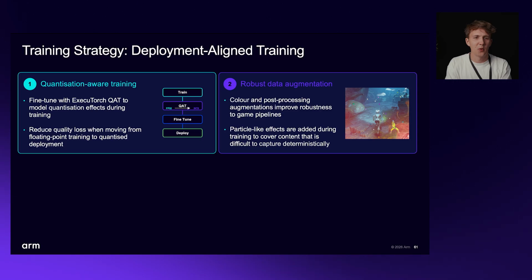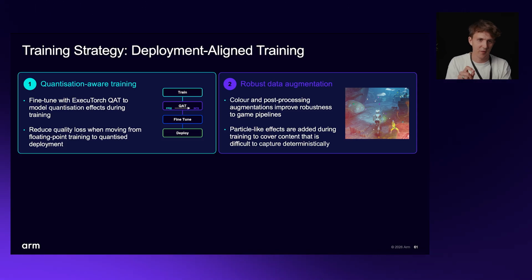We also employ a robust data augmentation system. We vary color, like tone mapping and post-processing techniques, so the model is not tied to one game pipeline. We also add particle-like effects during training. The reason for this is that we found it was more complex to capture lots and lots of particles, and it was something that the model needs to see lots of in order to do the correct interpolation for particle-like effects.